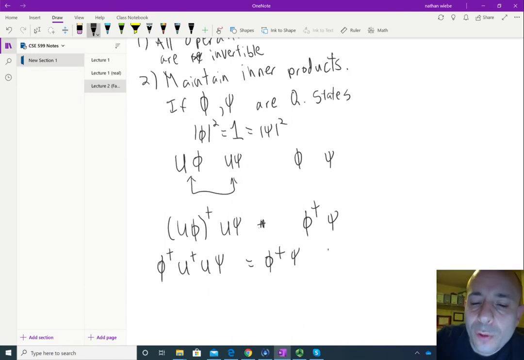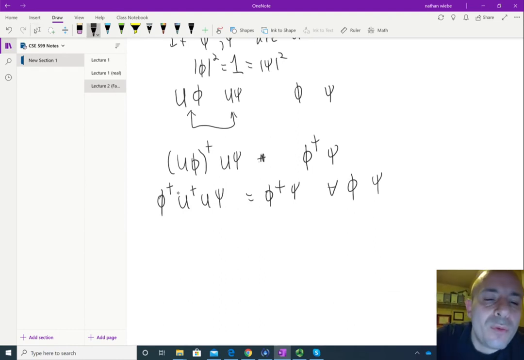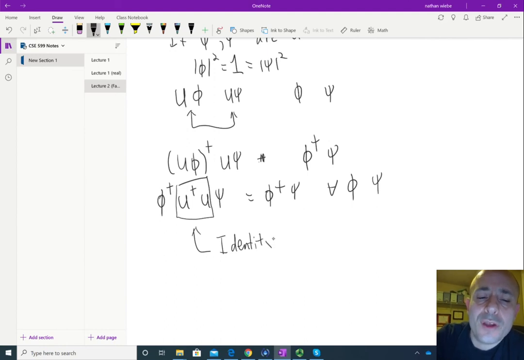Furthermore, we demand that this is true for all phi and psi. Well, if that's true, then we've only got one possible choice for an operation. U dagger U has to be the identity. And if U dagger U is the identity, then U dagger has to equal U inverse.